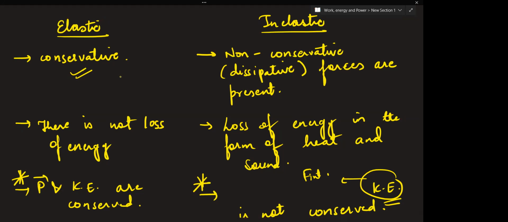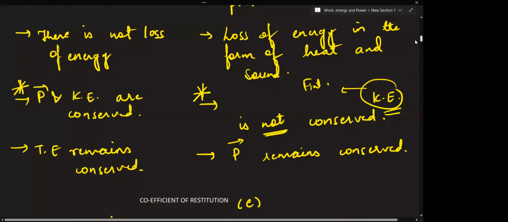Non-conservative forces depend on the path traveled. Conservative forces are independent of the path traveled; they just depend on the initial and final points. Then there is no loss of energy in case of elastic collision. There is a loss of energy in the form of heat and sound in case of inelastic collision. And the quantity that does not remain conserved in case of inelastic collision is the kinetic energy.